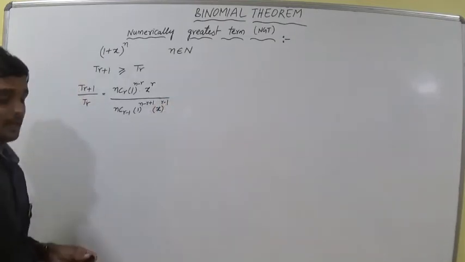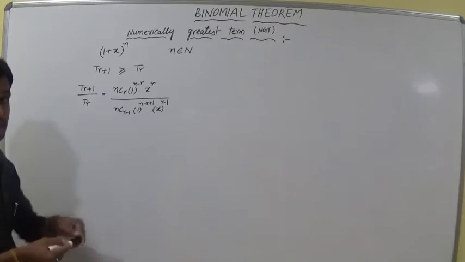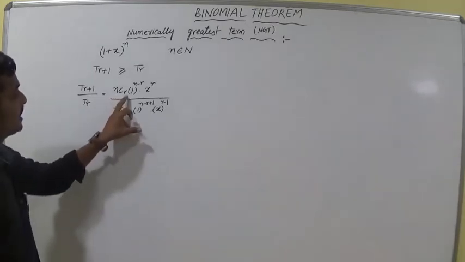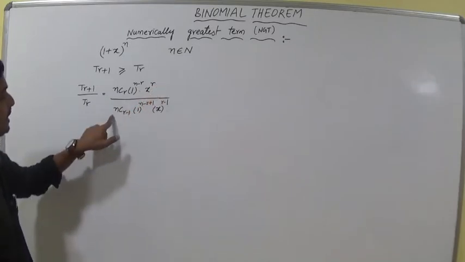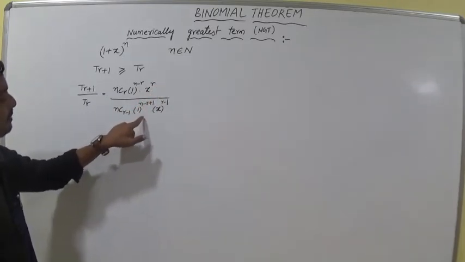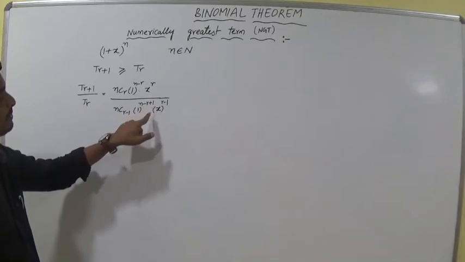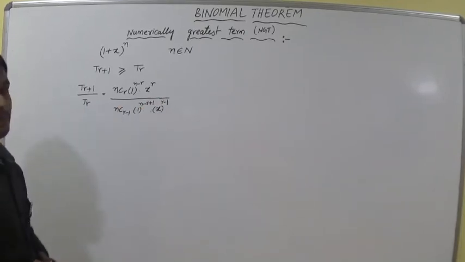Are you following? So t(r plus 1) by t(r) is nCr 1 power n minus r into x to the power of r by nC(r minus 1) 1 power n minus r plus 1 into x to the power of r minus 1.